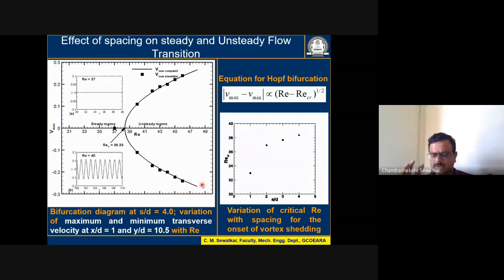So we also tried to explore the vortex shedding phenomena for multiple cylinders through the use of a bifurcation analysis.